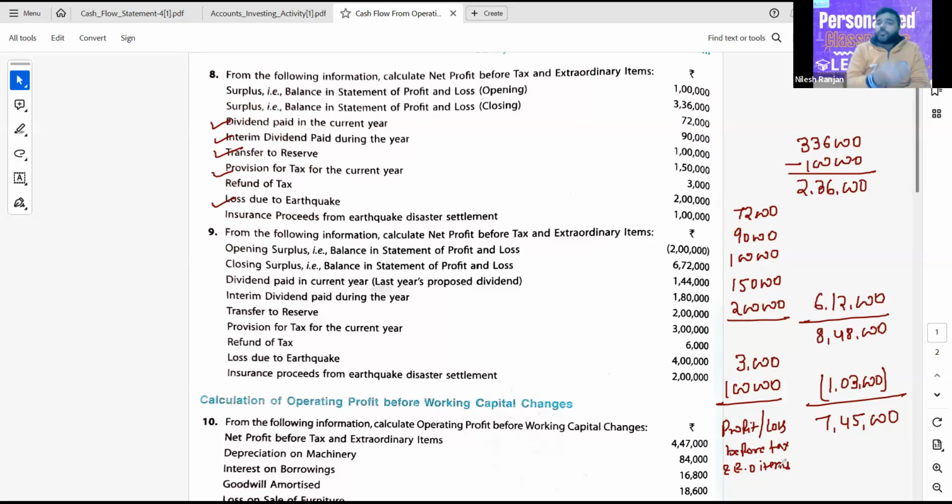After that, our cash flow from operating activities starts. After that, we have to prepare the format of cash flow from operating activities. Okay.